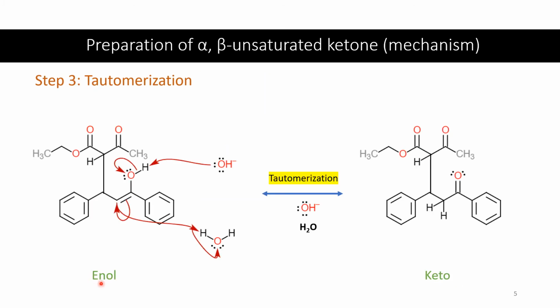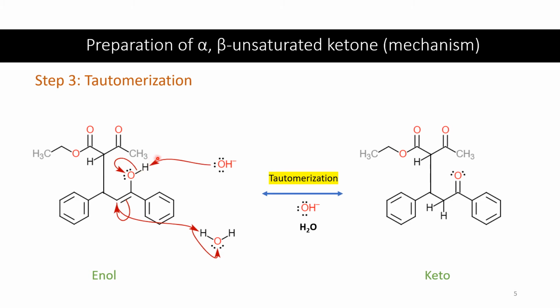These enol forms are able to quickly switch to a keto form by a reaction we call tautomerization. So this OH can lose its proton again and shift its electrons back towards the carbon, causing the electrons in this double bond to shift towards the other carbon, and it's forced to accept a proton.